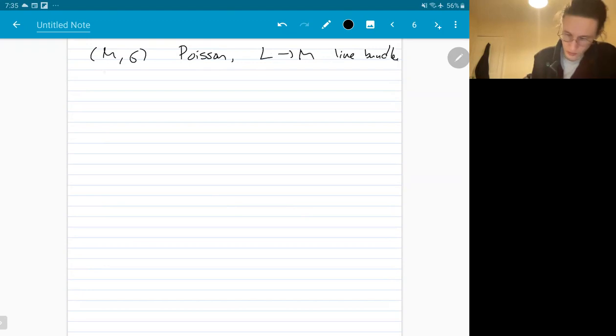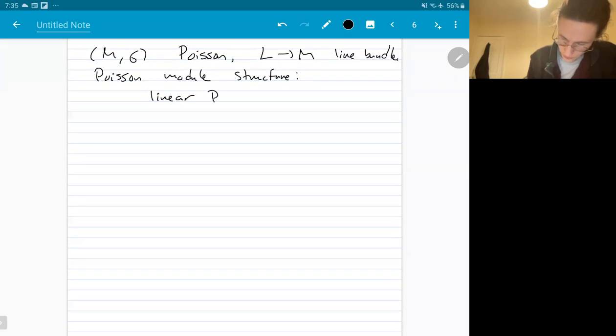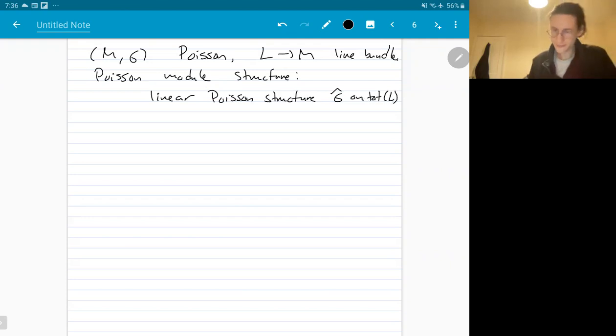One way of thinking about a Poisson module structure is as a linear Poisson structure on the total space of L. So it's invariant with respect to the rescaling action, such that if you project it, it gives you sigma.